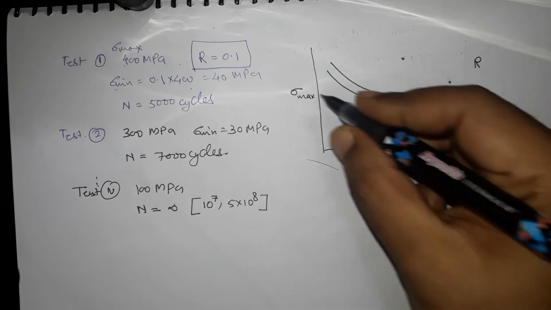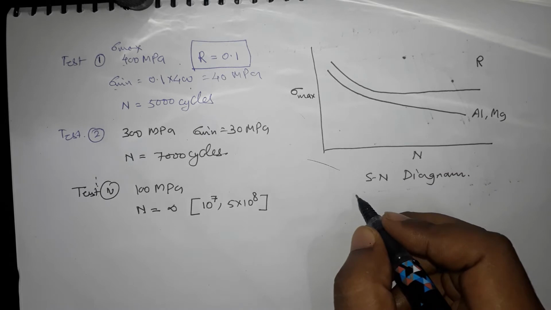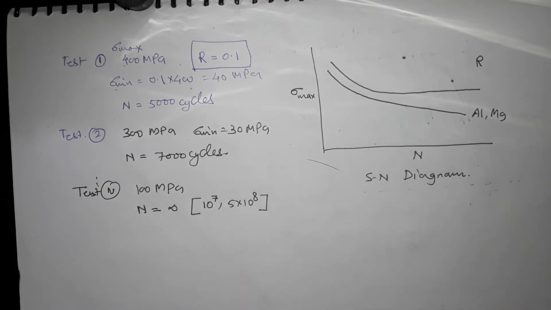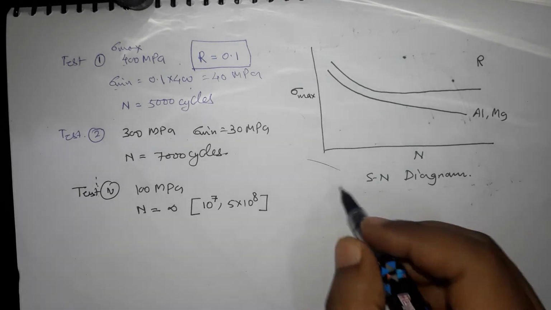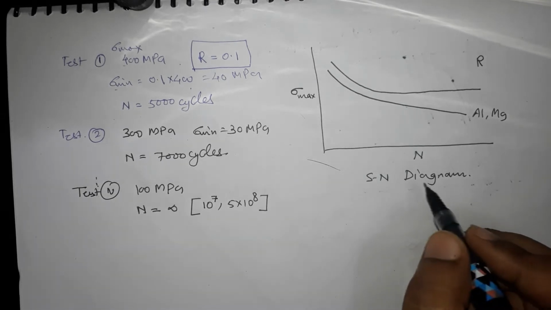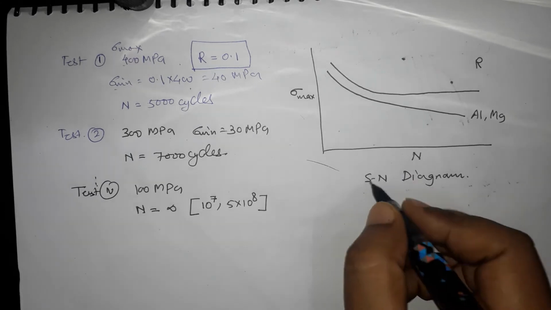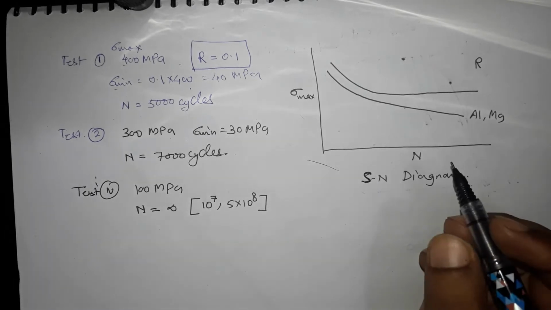But if you want to plot the SN diagram, this is called SN diagram instead of calling it sigma N diagram, to have ease in the alphabetical text writing. So basically S is stress and N is the number of cycles.